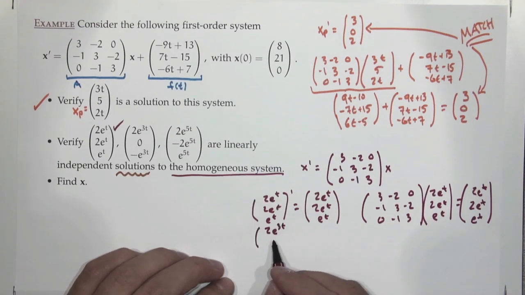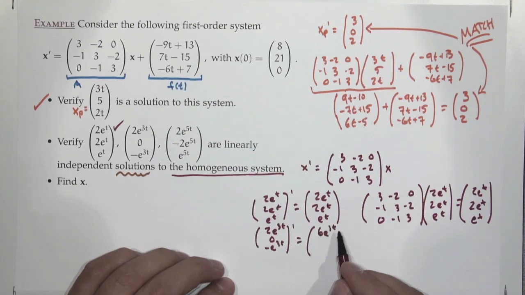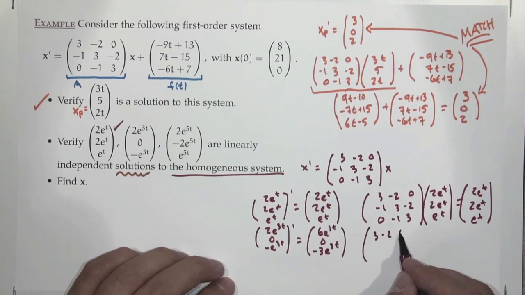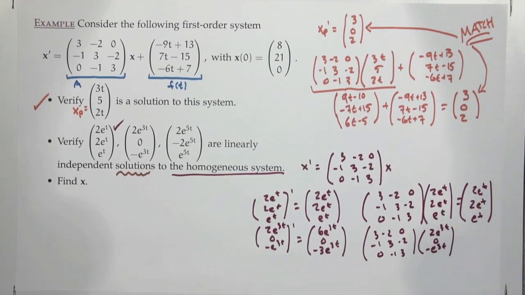2e to the 3t, 0, minus e to the 3t. Okay, and take the derivative. What comes out? 6e to the 3t, 0, minus e to the 3t. And now we also verify what happens when we multiply by our matrix. So it's 2e to the 3t, 0, minus e to the 3t. All right. Now, because e to the 3t is common, really just focus on the coefficients.